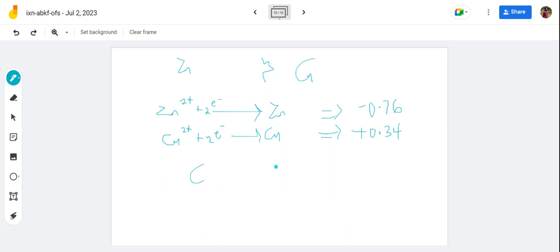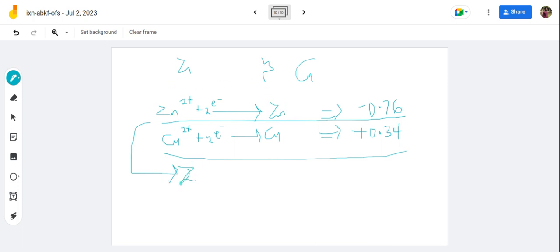From what we have here, this is reduction for copper, which is the cathode. We are fine with that, there's no problem. But this is still a reduction for the anode, which is wrong. We have to change this to oxidation, and that means reversing this reaction.